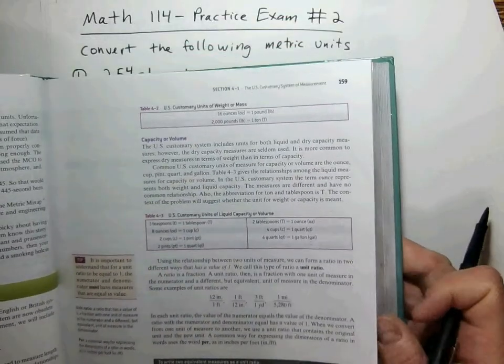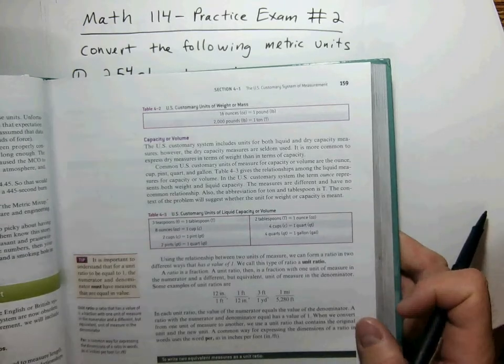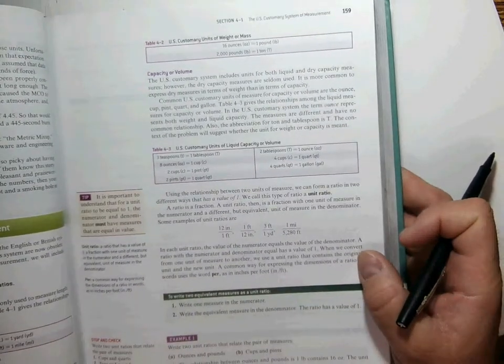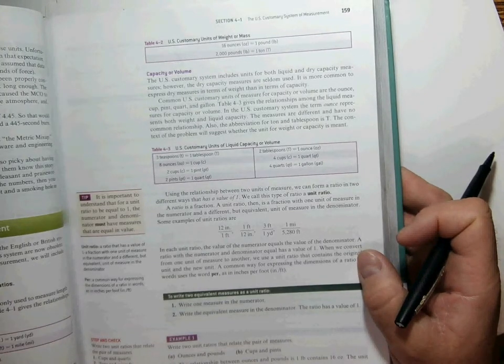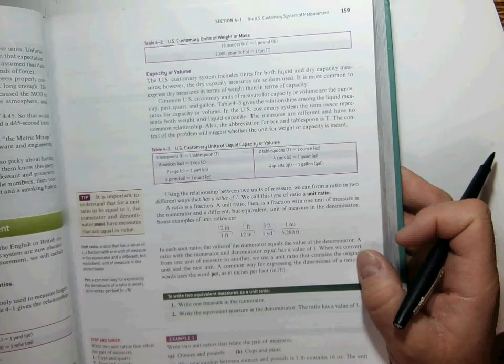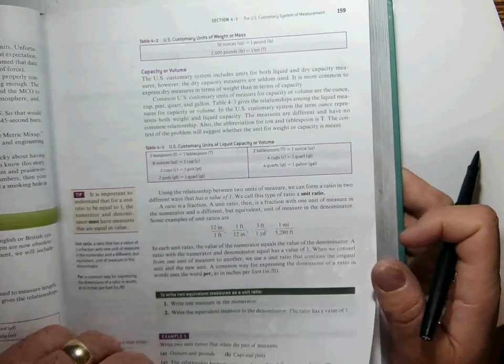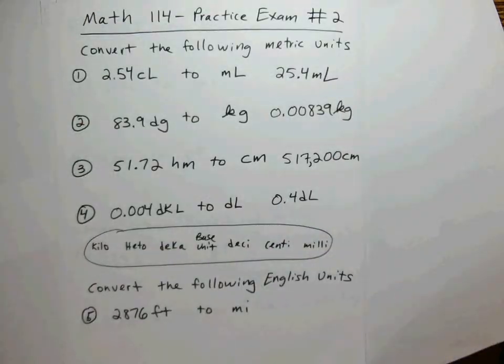On 159, the ounces to pounds and the pounds to tons. And then teaspoons, ounces, cups, pints, quarts, gallons, all that stuff. Those are all measurements you need to know. Okay, I will not be providing any of those conversions for you. Okay, so you need to know those.